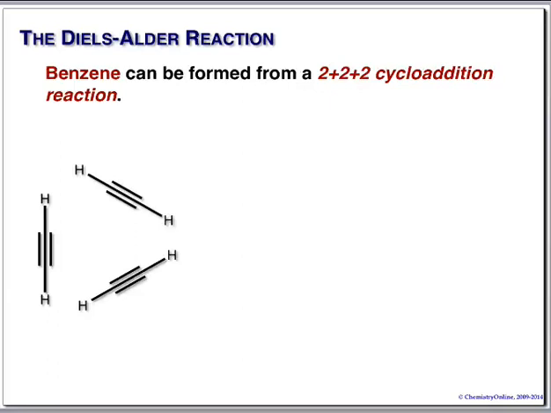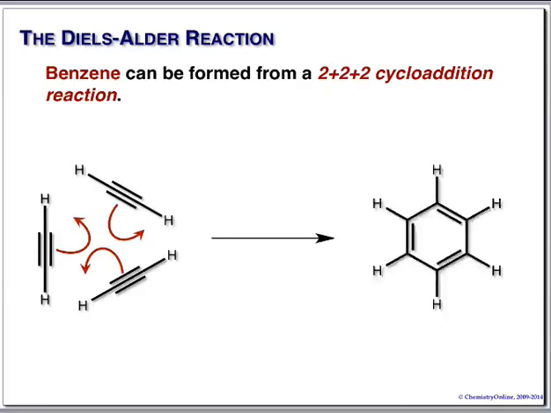So kind of like the breakfast. In a 2+2+2, we're going to take 3 moles of benzene. We're going to let these all kind of line up next to each other, and in one magical concerted swoop, we make benzene.